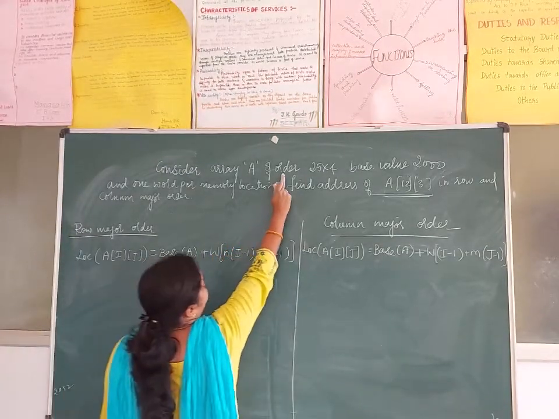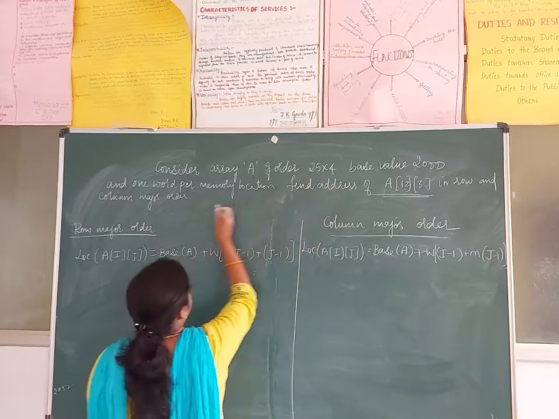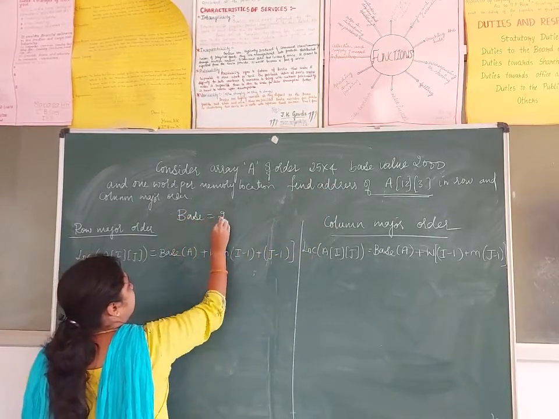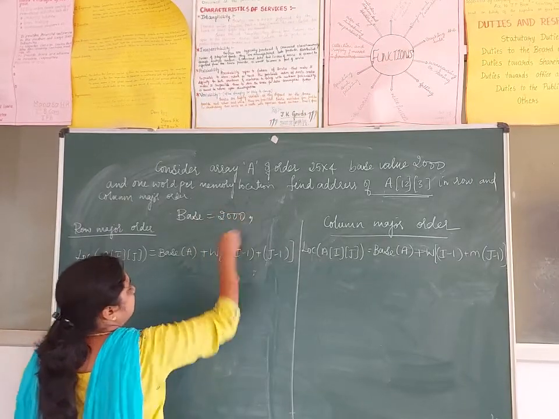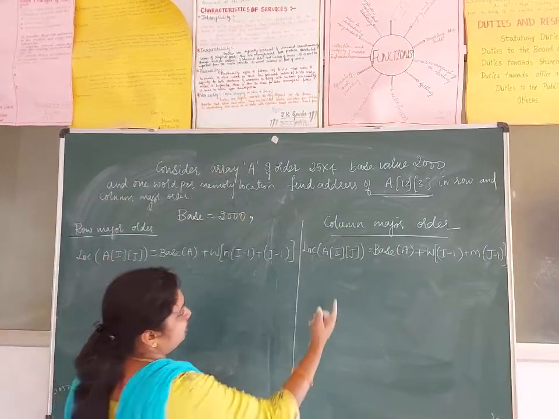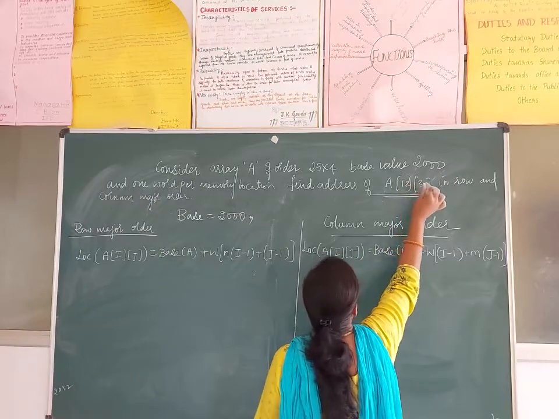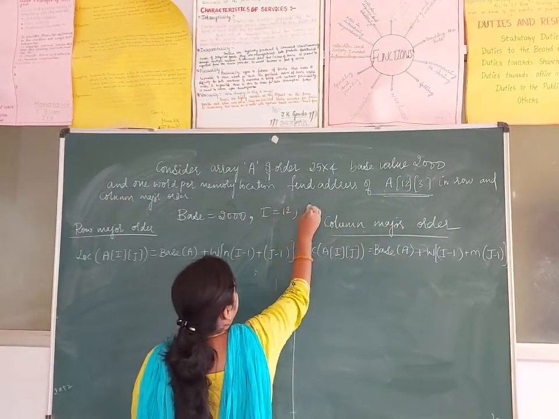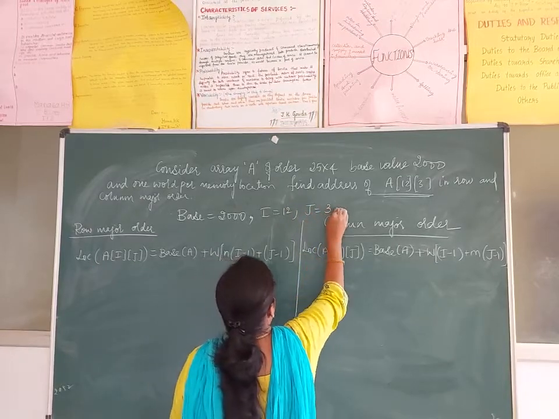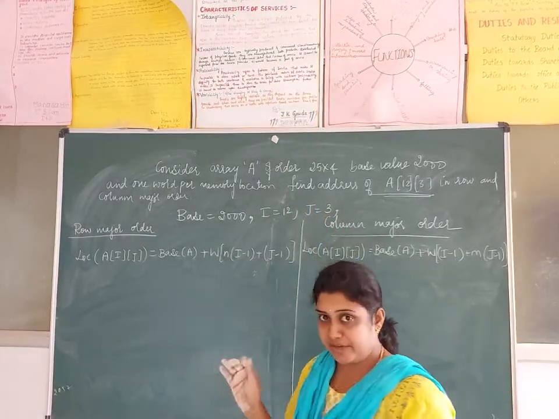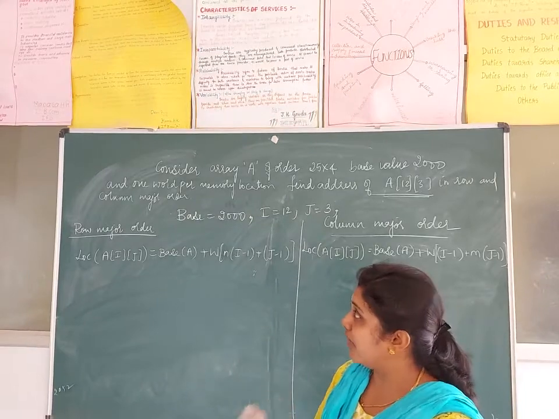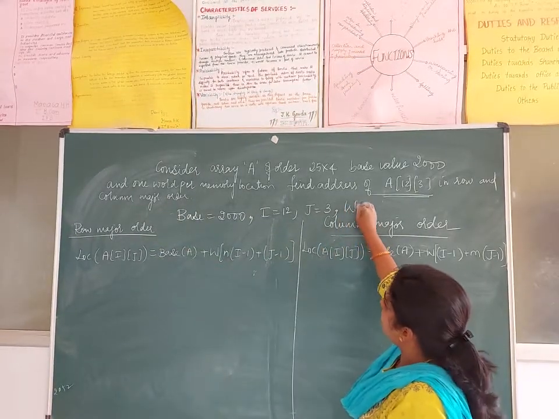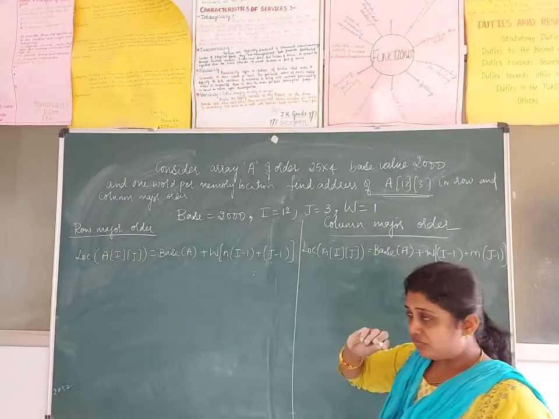First we'll take the base value, that is base is equal to 2000. Then they have given the i and j values: i is equal to 12, j is equal to 3. In each and every memory location we have only one word, so the word count is 1.